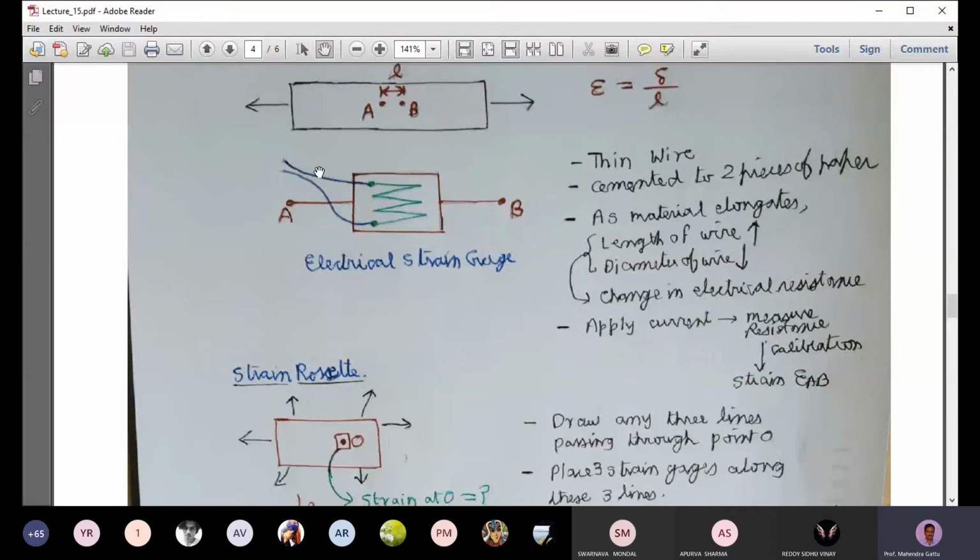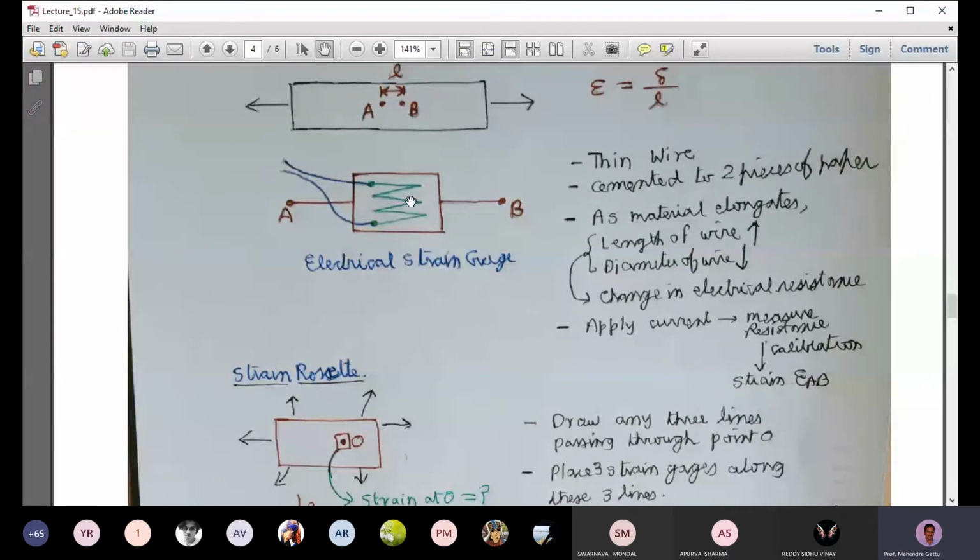So what we can do is pass a current through these wires. These wires are cemented by two pieces of paper or some material, and we can pass current through them. When this material expands, the wires will expand, and there will be a change in electrical resistance of these wires.